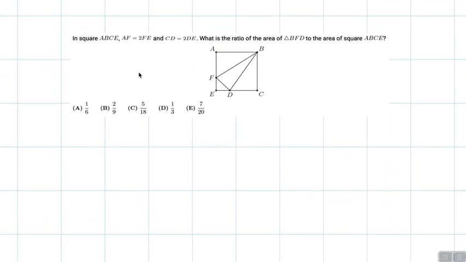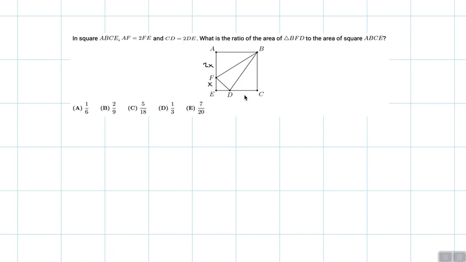In square ABCE, AF equals 2FE and CD equals 2DE. What is the ratio of the area of triangle BFD to the area of square ABCE? Okay. AF is equal to 2FE. So we just call this 2x, that's x.